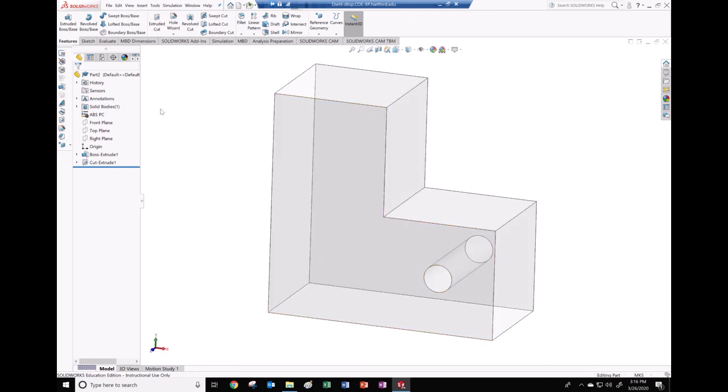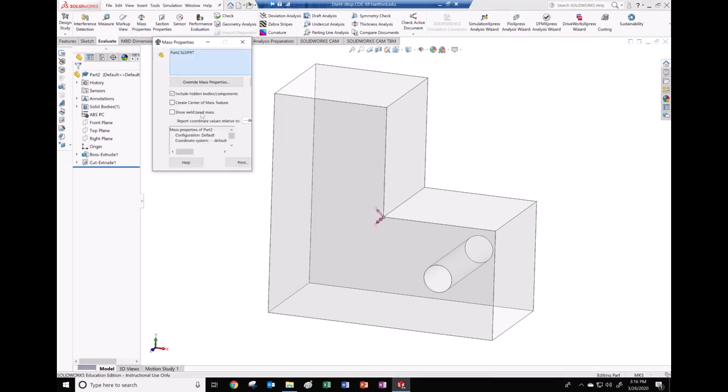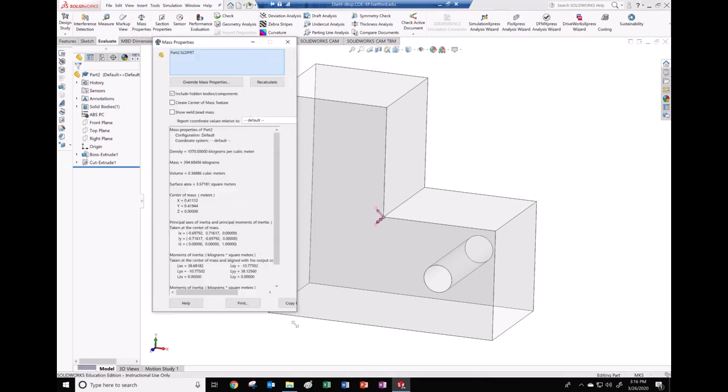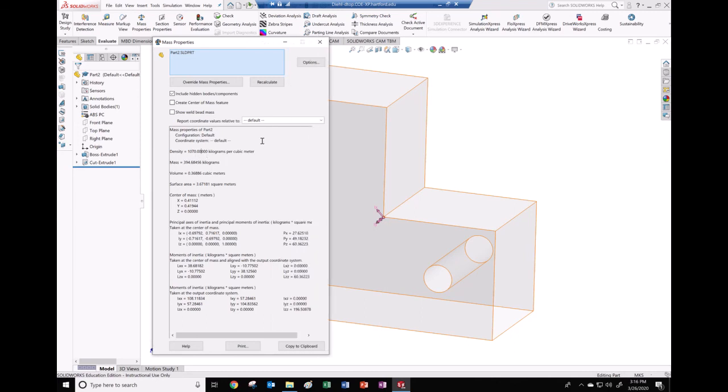Okay, so let me go up to evaluate, and we will go for mass properties. All right, so in the mass properties, its default density was 1070.